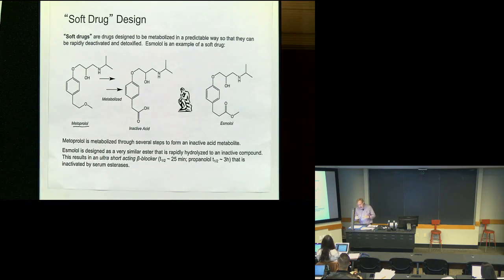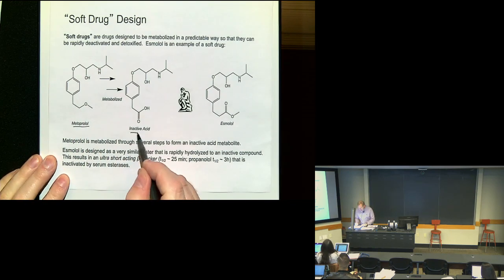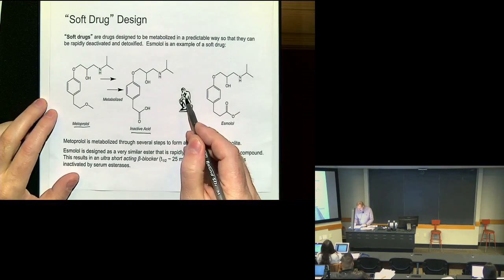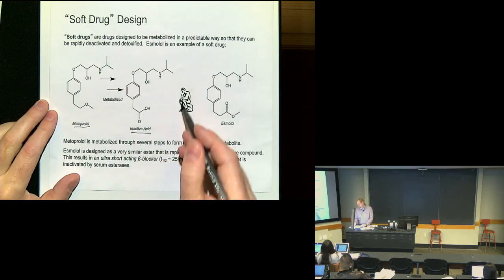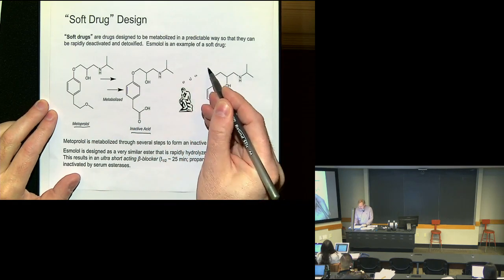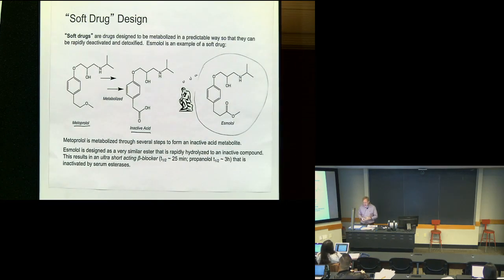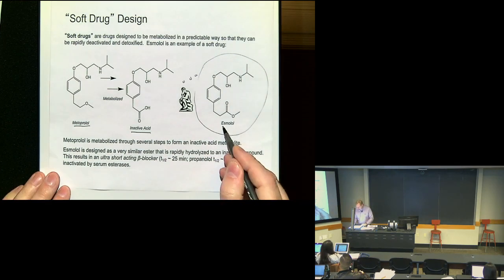The metabolic pathway of this was discovered, and kind of similar as before, this gets metabolized down here to an inactive acid component. That's inactive. So this is a medicinal chemist. He's looking at this and thinking about this. Oh, I'm going to think about this. And he or she designs this compound called esmolol.